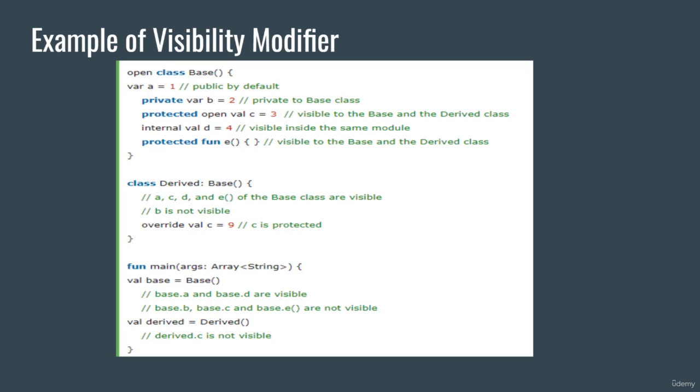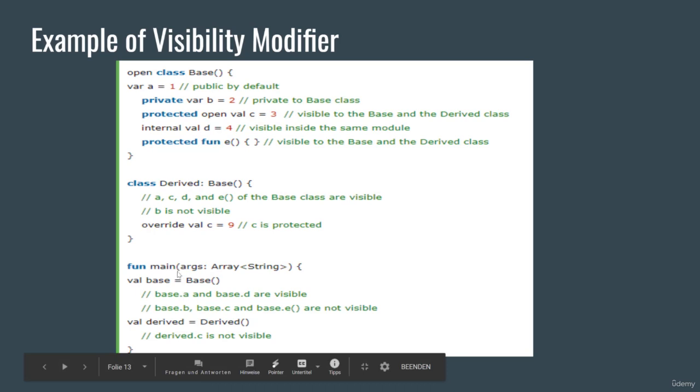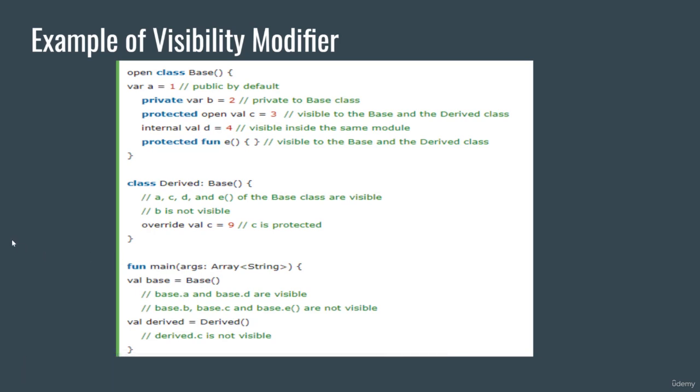Then we have this internal val D, which is visible inside the same module, which means that it is visible inside of the same file pretty much. And then we have this protected fun E, which is our function, and it's visible to the base and the derived class. So because it's protected, it's not only visible or usable in our base class, but also in our derived class, but not inside of our fun main. All right, in there it's not visible.